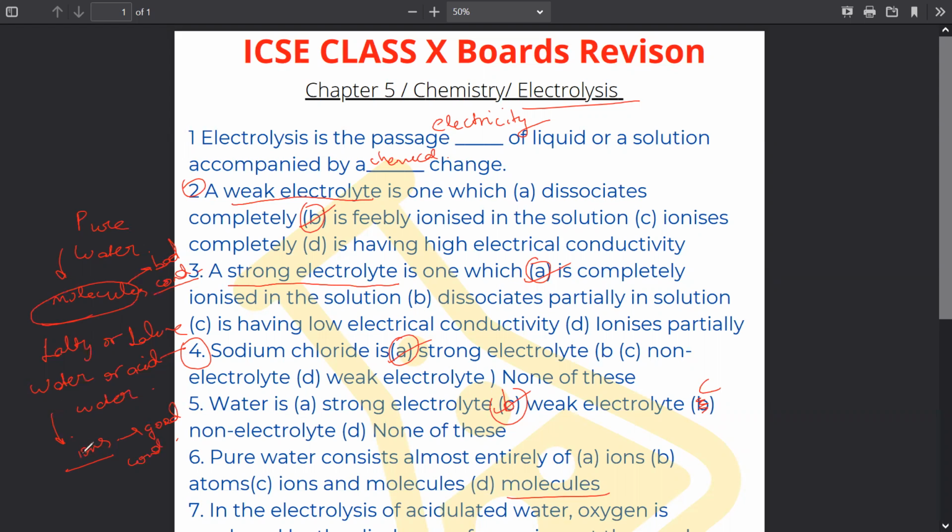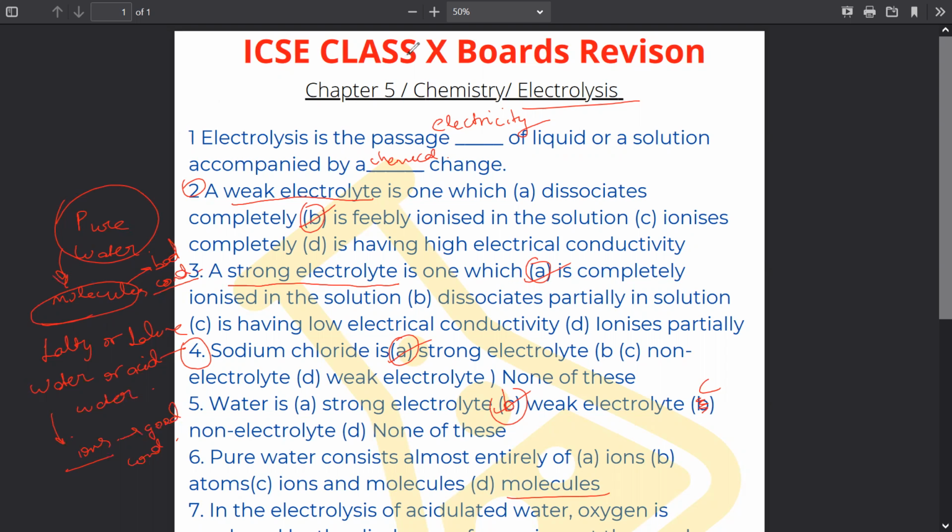Because ions are basically free. So when you have free ions, then they could conduct electricity. Salty or saline water has salt, or basically ions, in it. But if you take pure water, it consists almost entirely of molecules. So conducting electricity in pure water won't happen because it consists entirely of molecules.